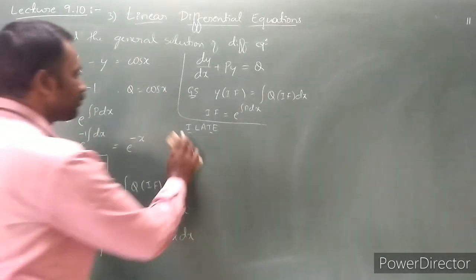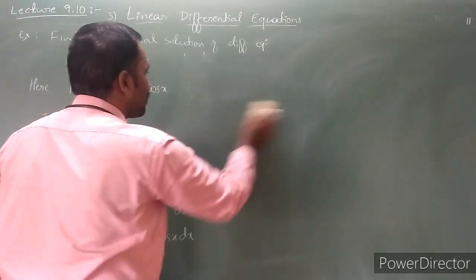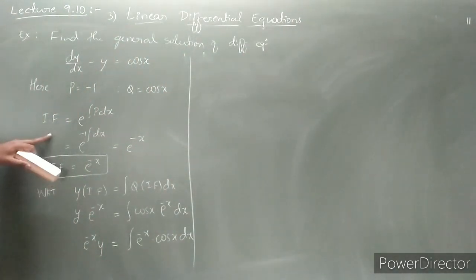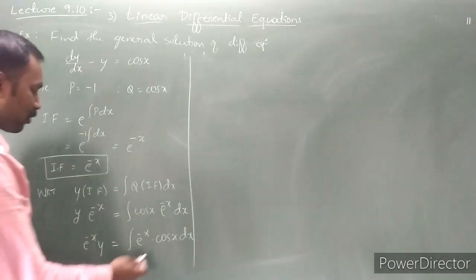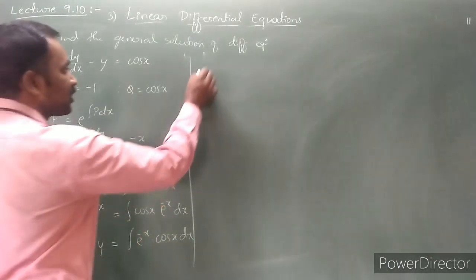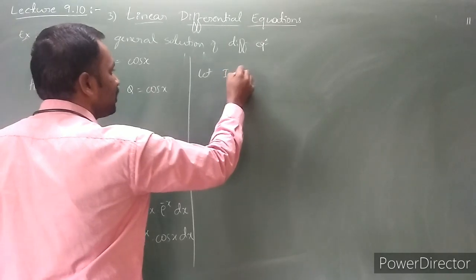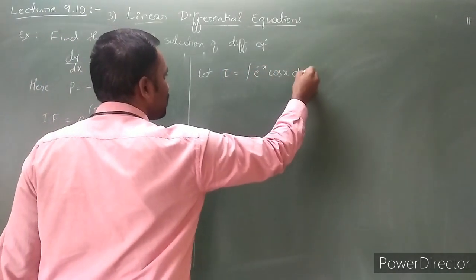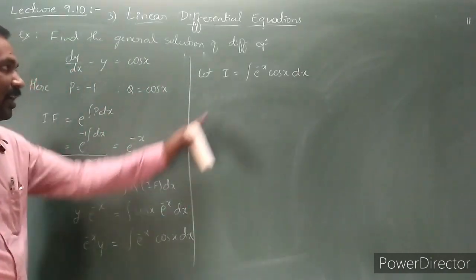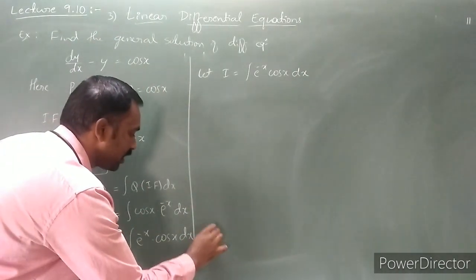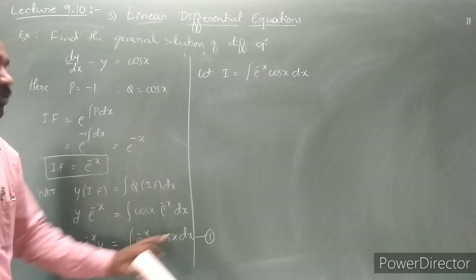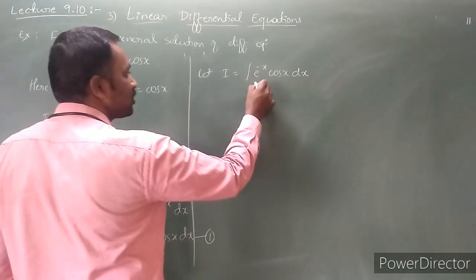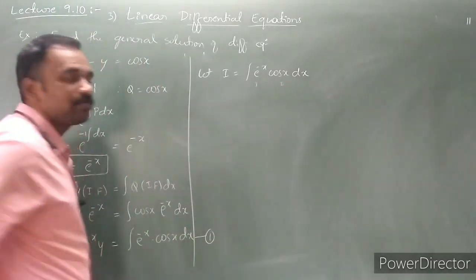Now I just rub this one because I have already written the formulas in the solution: here the general solution, here the integrating factor. Now I consider I is equal to integration of e power minus x into cos of x dx. Separately I integrate, and afterwards I replace it in equation number 1. I have already mentioned that this is the first function and this is the second function.